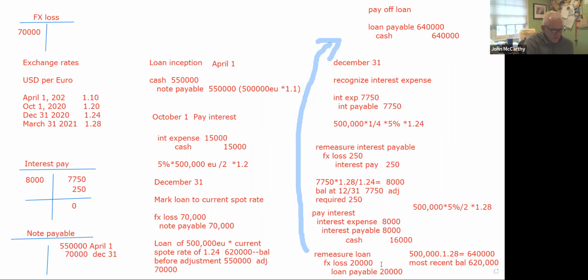So I need an adjustment of 20,000. That's an FX loss of 20,000. Put that up here. And then loan payable of 20,000. It's March 30. I don't have all the dates, but you know.